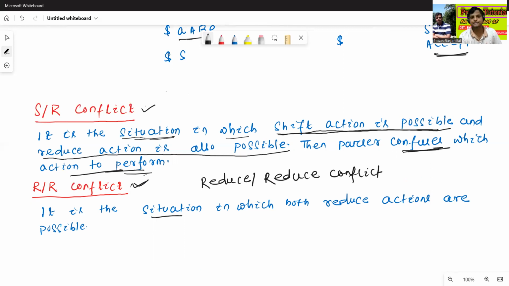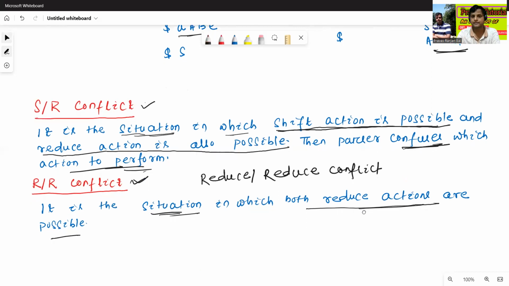Similarly, it is a situation in which two reduce actions are possible at a time. If I consider the first reduce action, then the string is rejected by the bottom up parser. If we consider the second reduce action, then the string is also rejected by the bottom up parser.